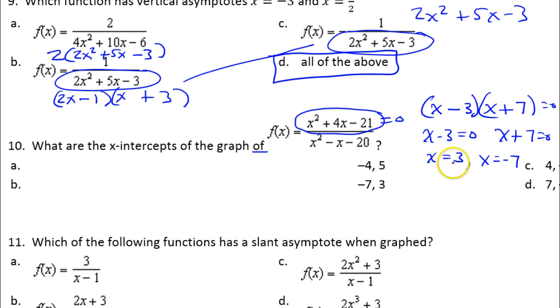So these are my x-intercepts. We'll be at positive 3 and negative 7. So I see those are right here. Okay, so the answer is B. Now I'm not sure why they're so far away, but this is B.